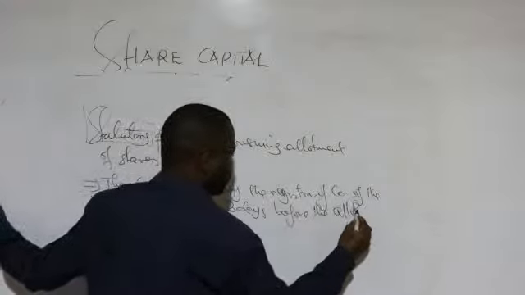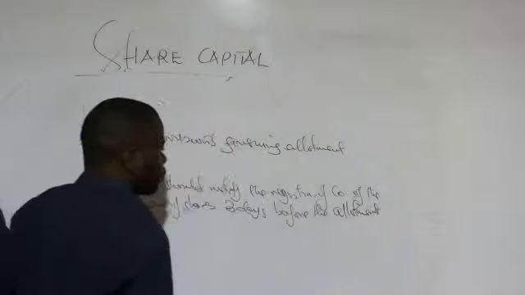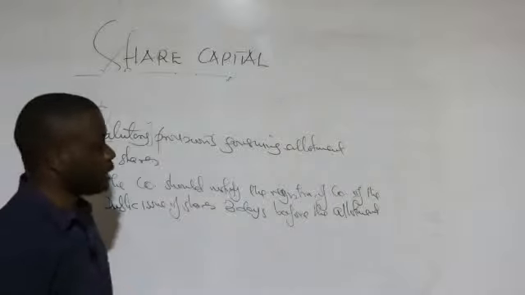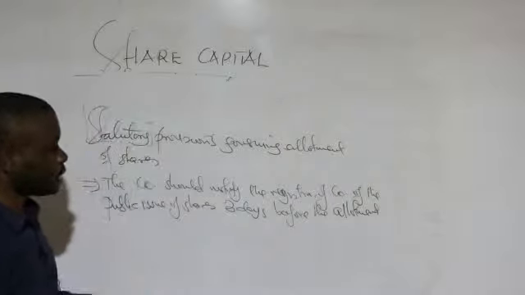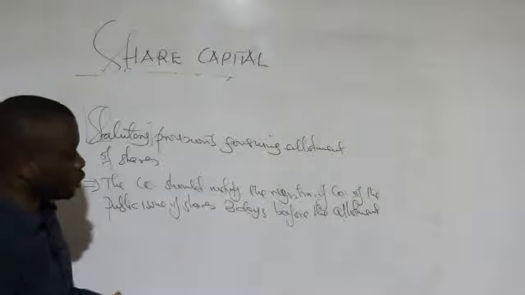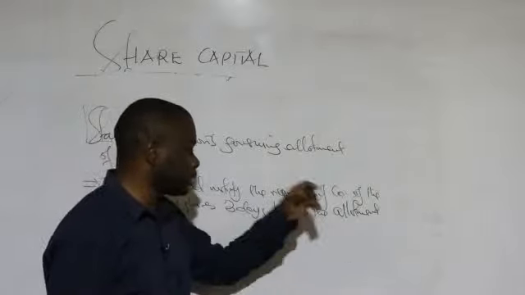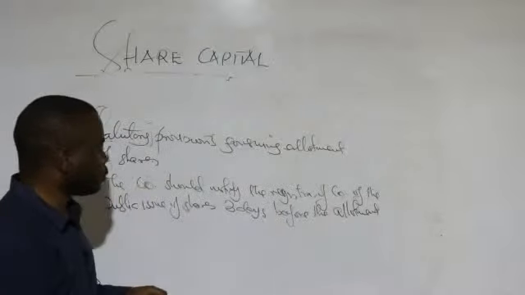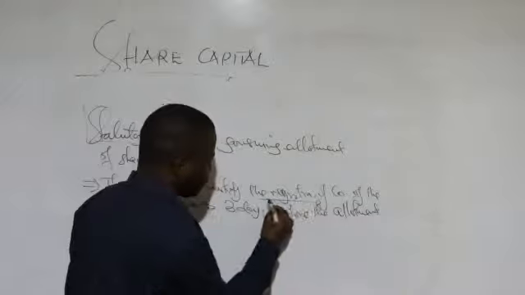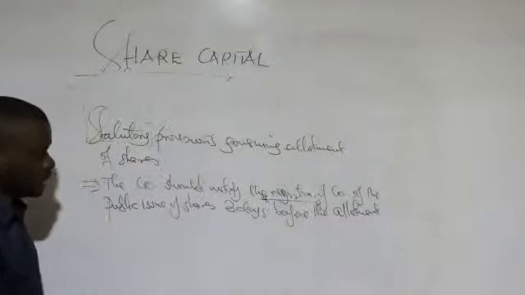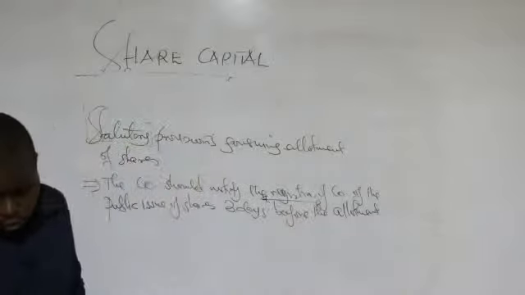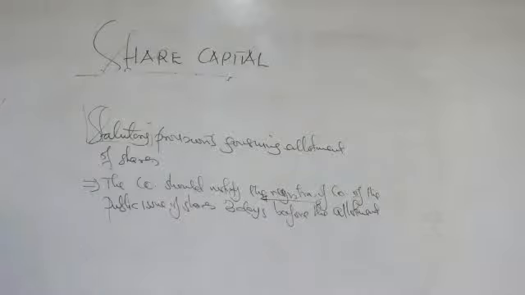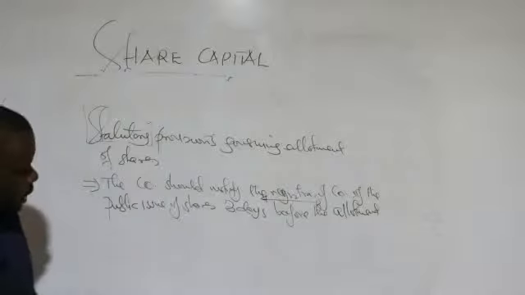Before they allot the shares, they have to notify the registrar that they have made a public offer. Members of the public have subscribed for the shares, and they intend to allot the shares. So 3 days before the allotment, or distribution of the shares by the board of directors, they have to notify this key party, the registrar of companies. Then where the offer is made to the public, a copy of the prospectus must be duly filed with the registrar of companies. That is very key.